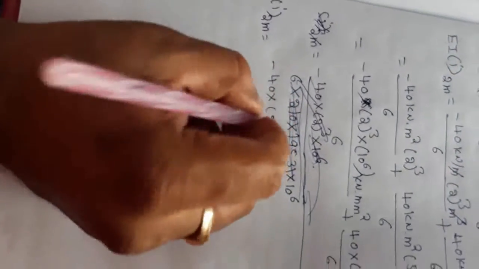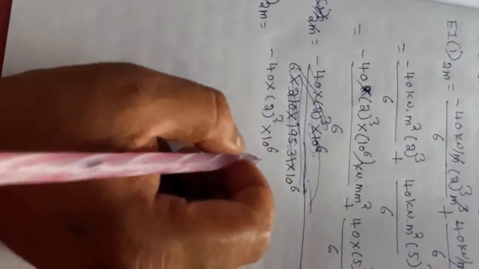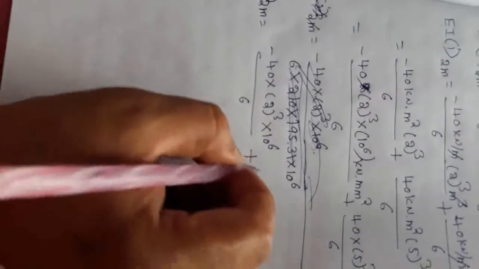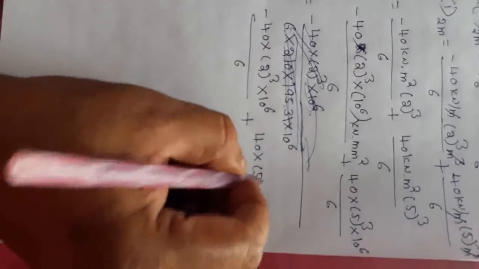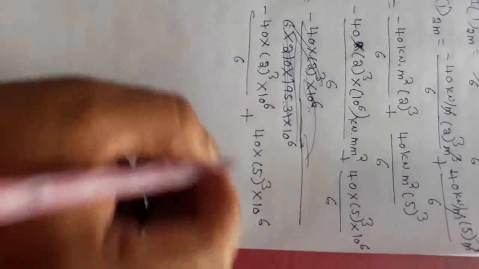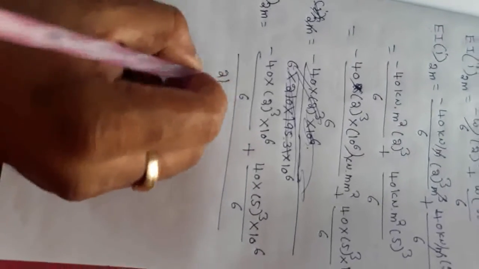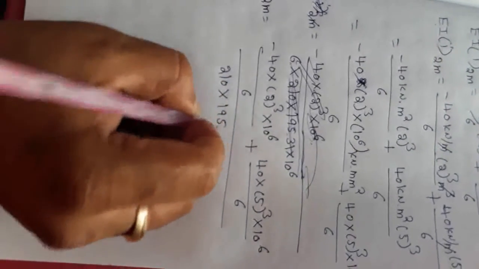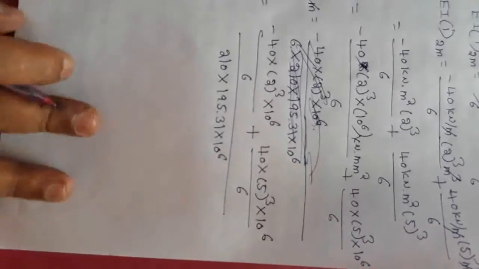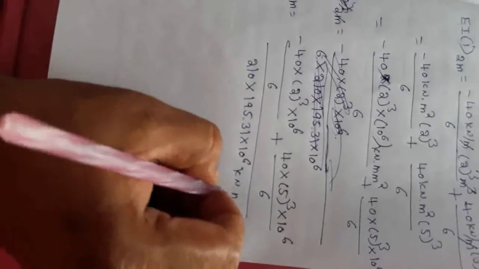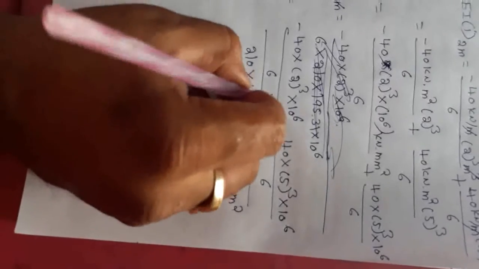So I at 2 meters equals minus 40 into 2 cube into 10 to the power of 6 by 6 plus 40 into 5 cube into 10 to the power of 6 by 6, by EI, where EI is 210 times 195.31 into 10 to the power of 6. The units are kilonewton into mm square, so these units cancel and there are no units. Radians is the unit for slope.